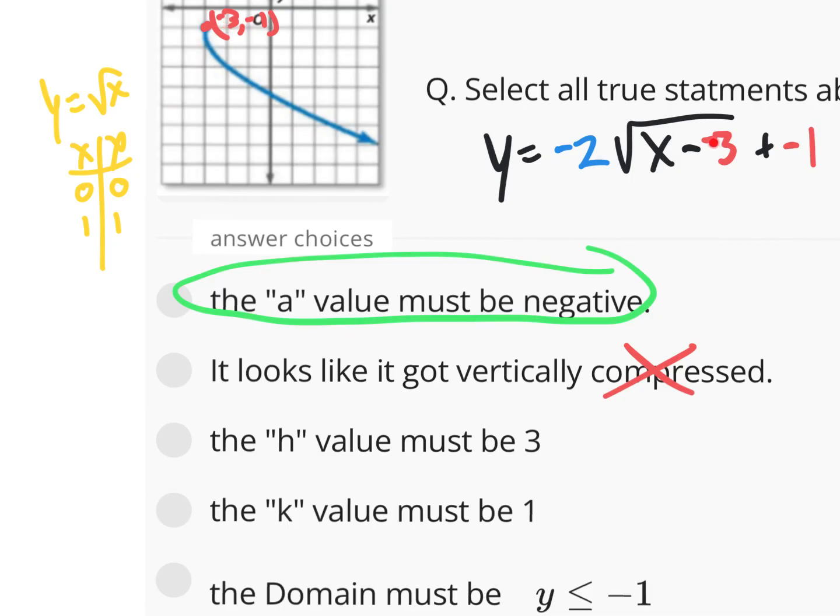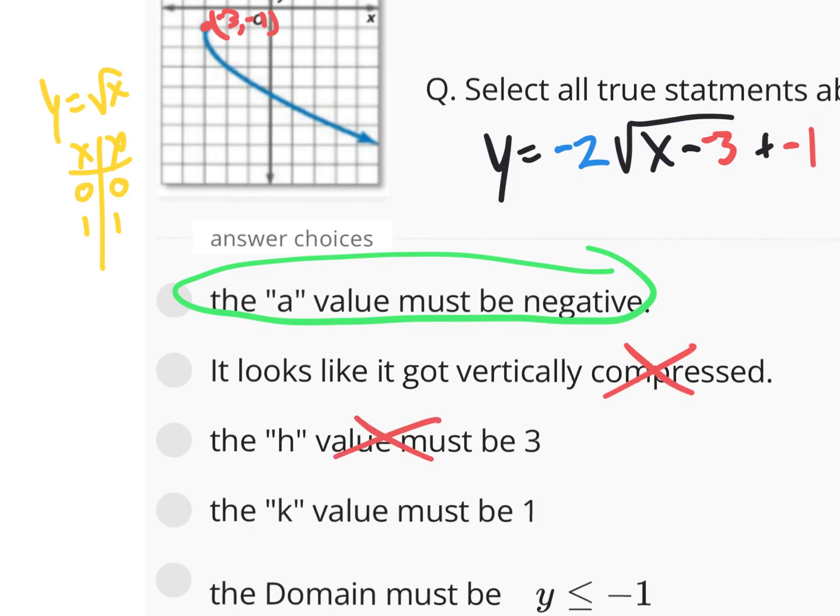When you look at the equation, it looks opposite, and you're going to think it looks like a 3, but that's not the case. The actual h value is the x value of that endpoint. So the h value must be -3, not +3, so don't pick that one.